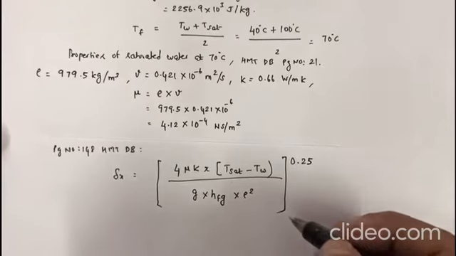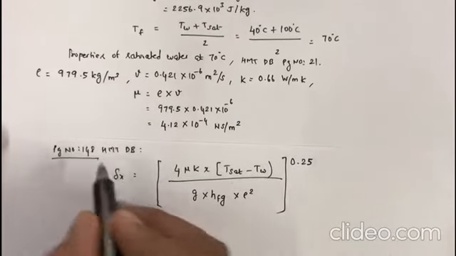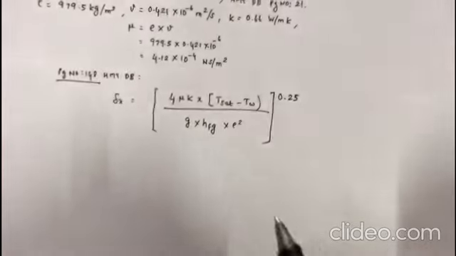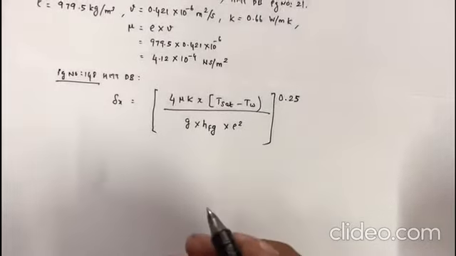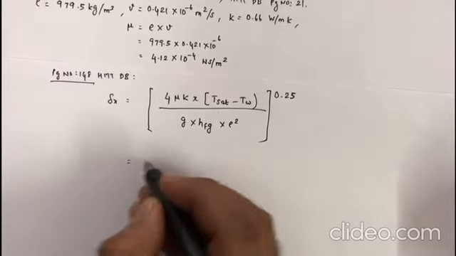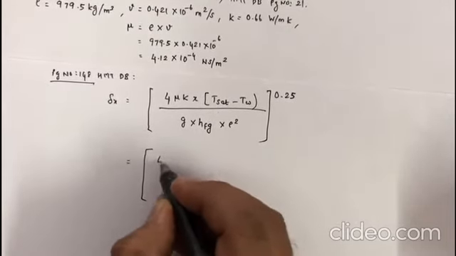This relation you could find at page number 148. Now in this equation we are going to substitute the values noted down from the data book.